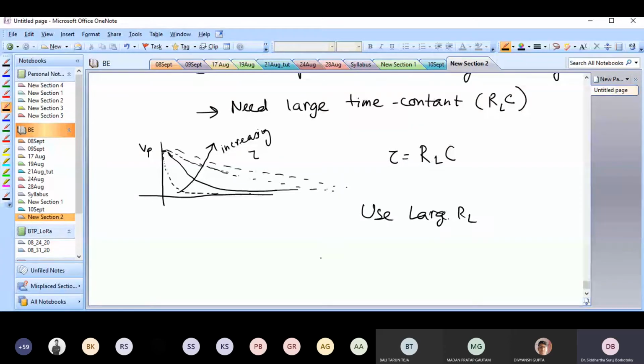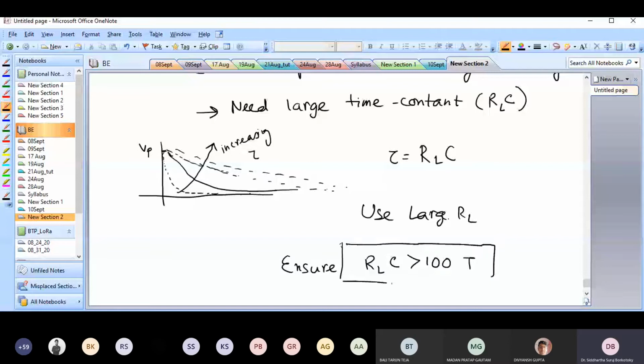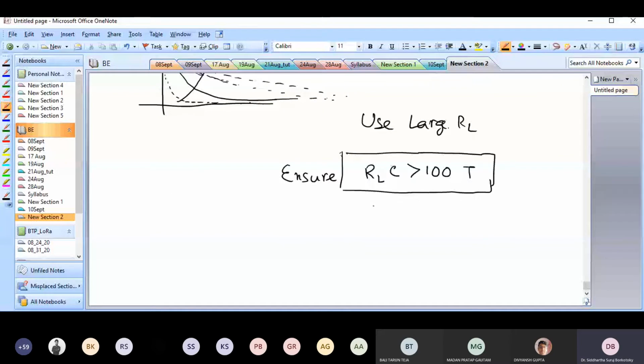Eventually, what we want to make sure is that RL times C, the time constant, is greater than 100 times T, where T is the time period of the input waveform.